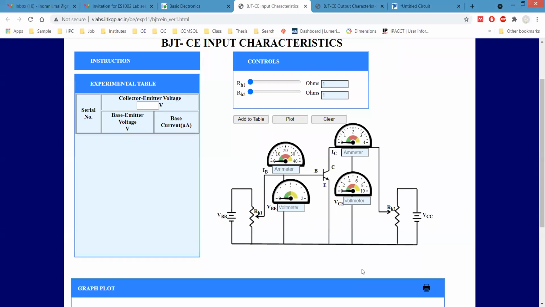So this is the NPN configuration, as you can see. One ammeter is there to measure the collector current, and there are 2 voltmeters, basically to measure the voltages VBE and VCE, and this one is to measure the base current.